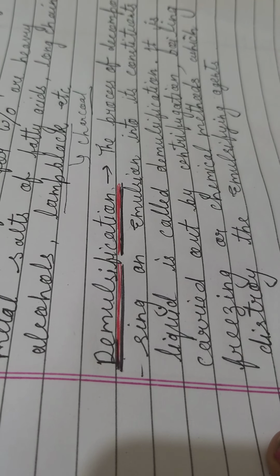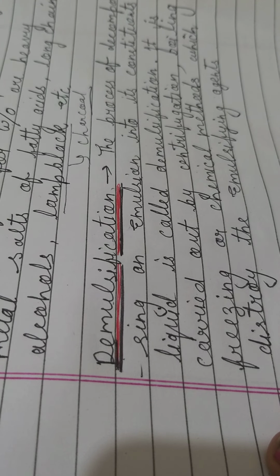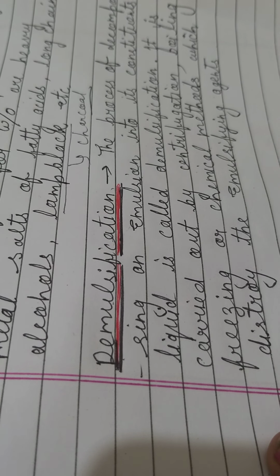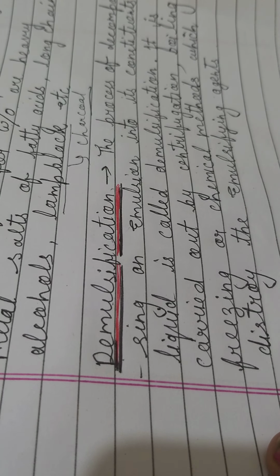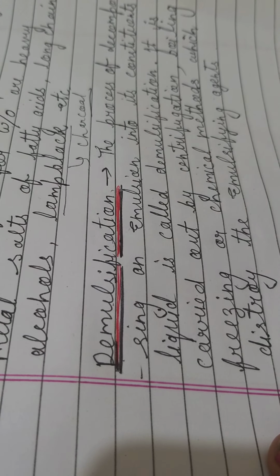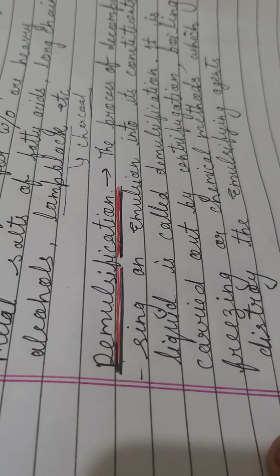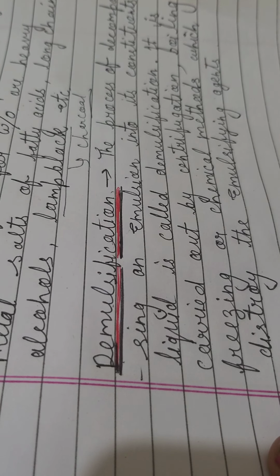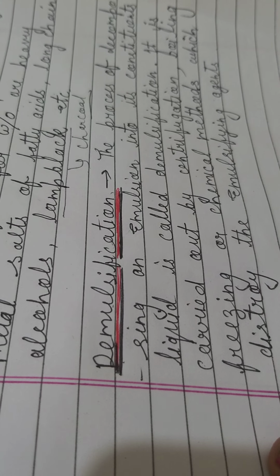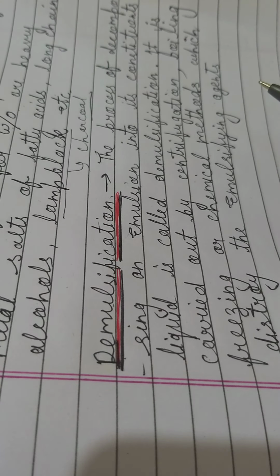Suppose you have an emulsion and you put some chemical inside it, and that chemical, or any procedure we apply on that emulsion, is able to separate the emulsion into its constituents, meaning it separates oil from the water and water from the oil. That is known as de-emulsification.